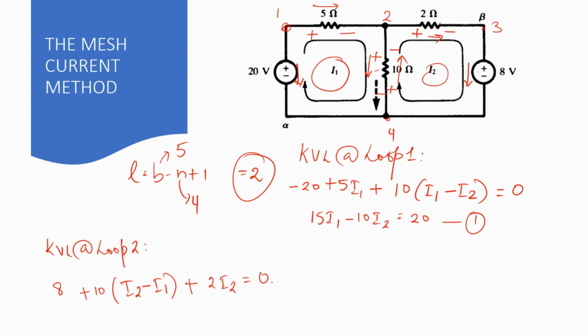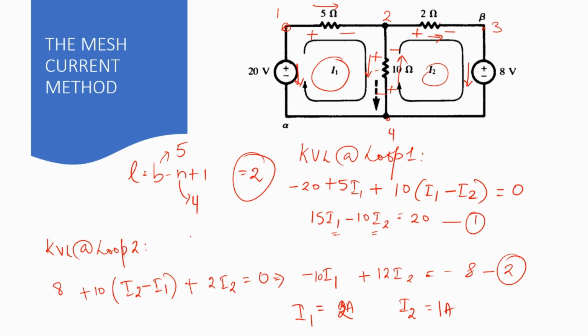All this put together is 0. So when we simplify this, we get the second KVL equation as minus 10 I1 plus 12 I2 is equal to minus 8. So this is going to be my second KVL equation.